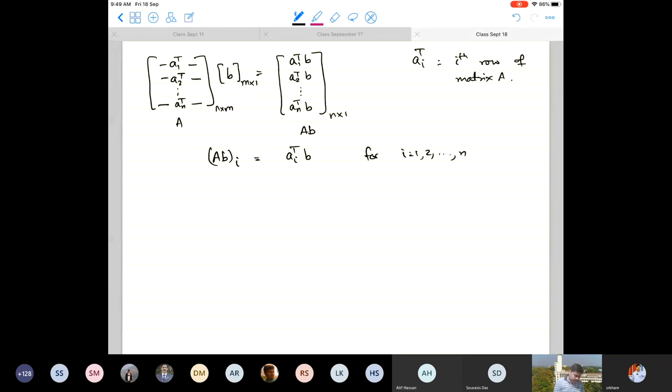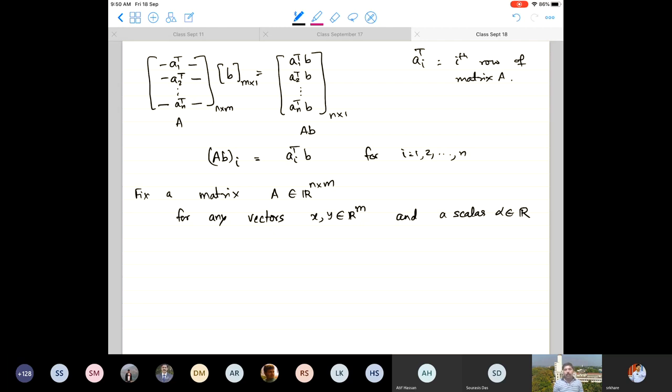I will fix a matrix A in R n cross n. For any vectors x and y belonging to R n, and a scalar alpha in R. Now you can guess what I am really going to do.